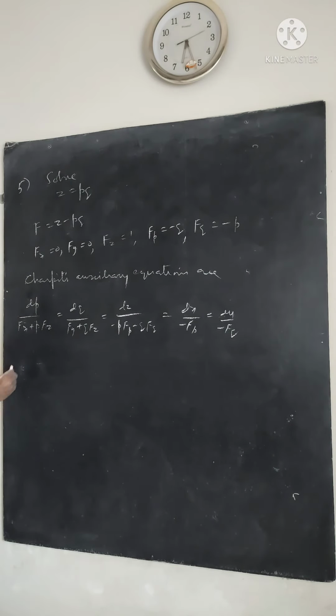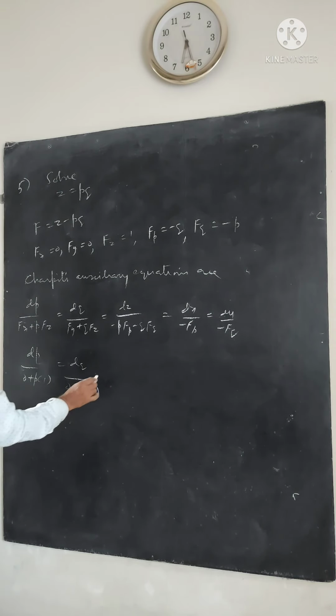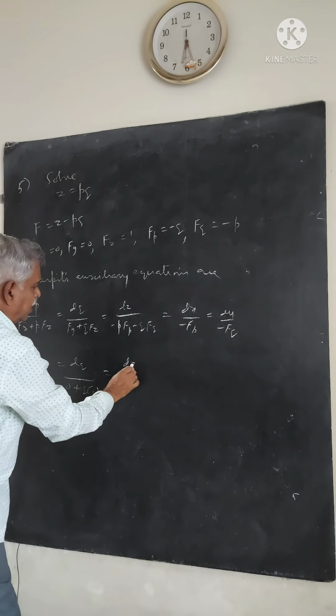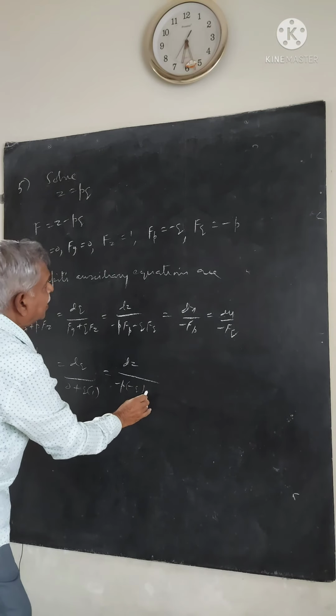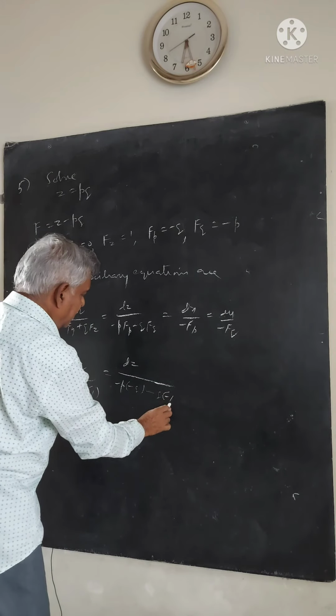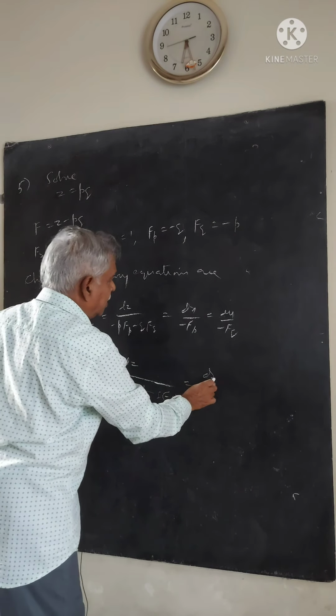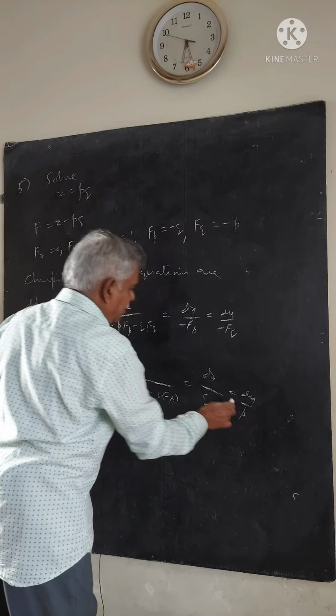Applying all this in this equation, dp by Fx is 0 plus p into Fz is 1, dq by 0 plus q into Fz is 1, dz by minus p into Fp is minus q, minus q into Fq is minus p, equal to dx by q, dy by p.